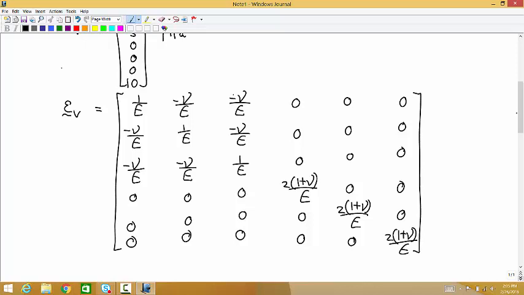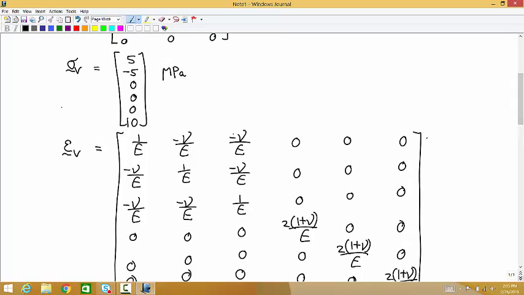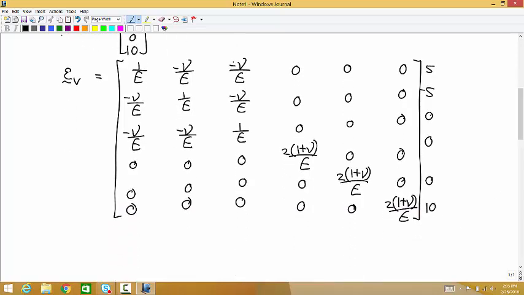And we're multiplying that by 5, negative 5, 0, 0, 0, 10.